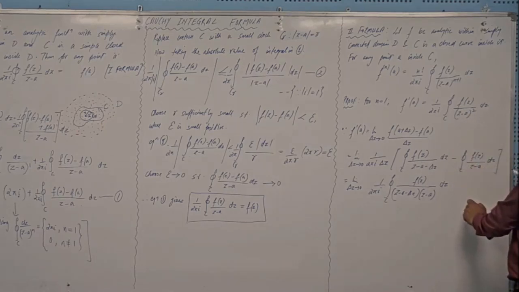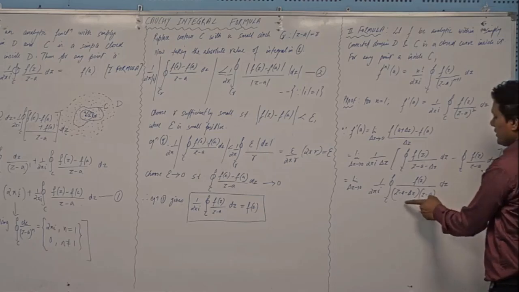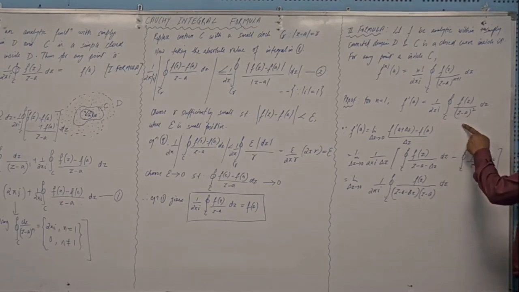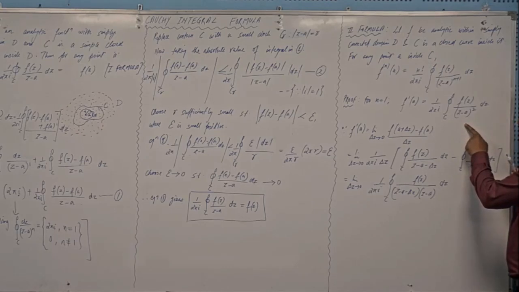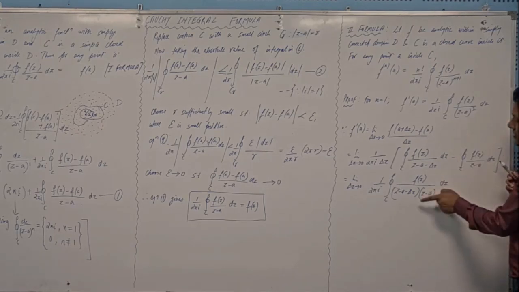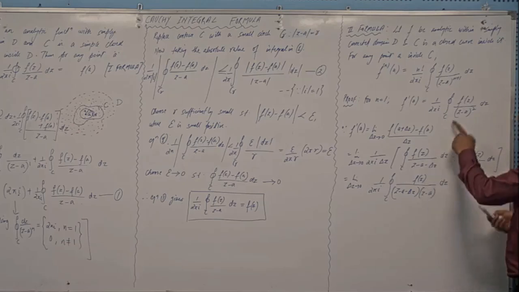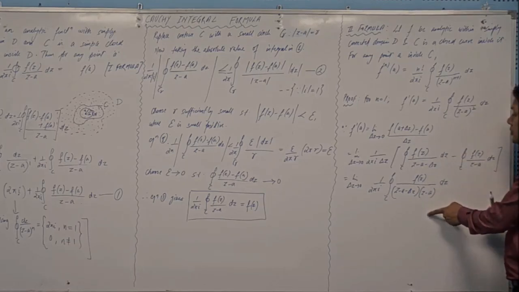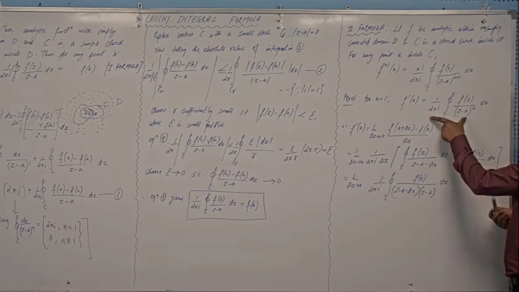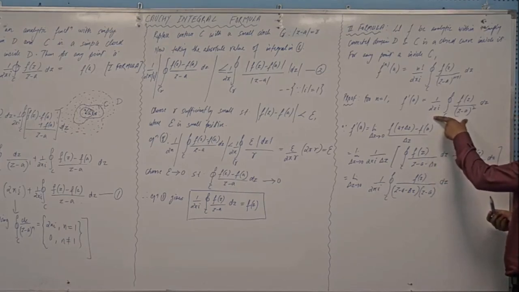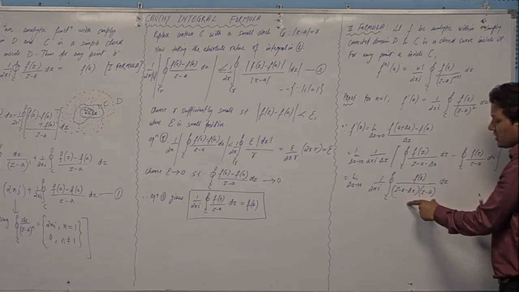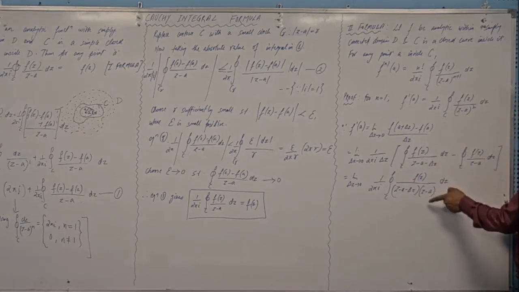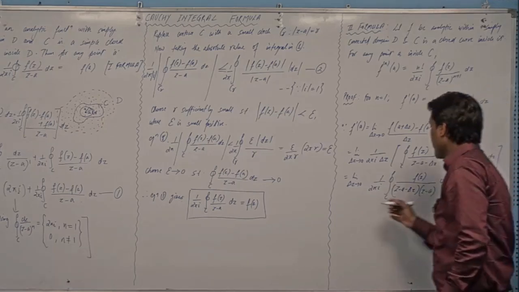Since we want to prove this term, what do I need? I need that the term I have got should be equal to what I desire. For that, the difference between these two should be as small as possible, meaning 0. So I take the difference of what I desire minus what I got.